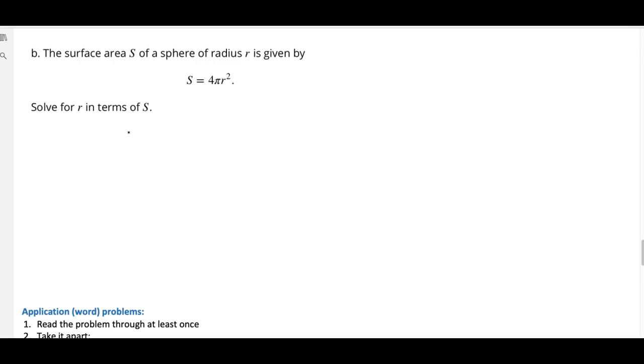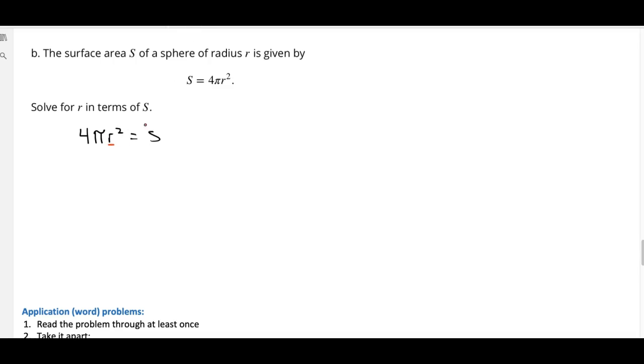So what we want to do first is, and again, don't care if it's on the left or right, but I think I'm going to rearrange it so that it's just switched. 4 pi r squared equals s, so that way we can not worry about the fact that it wasn't on the left. Now it is on the left, and we're looking for r.